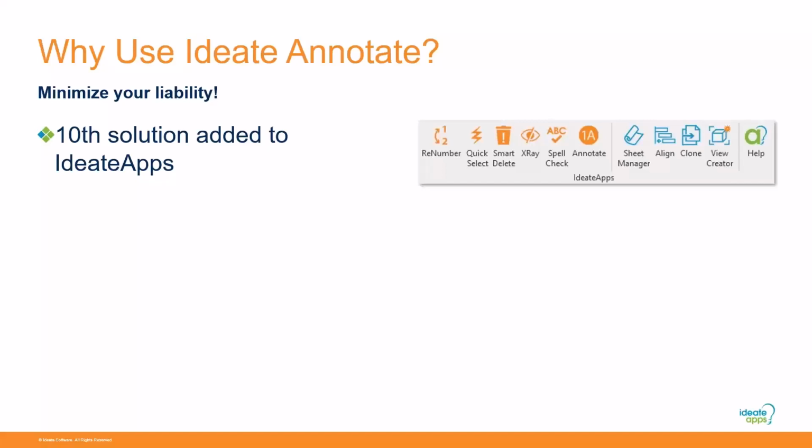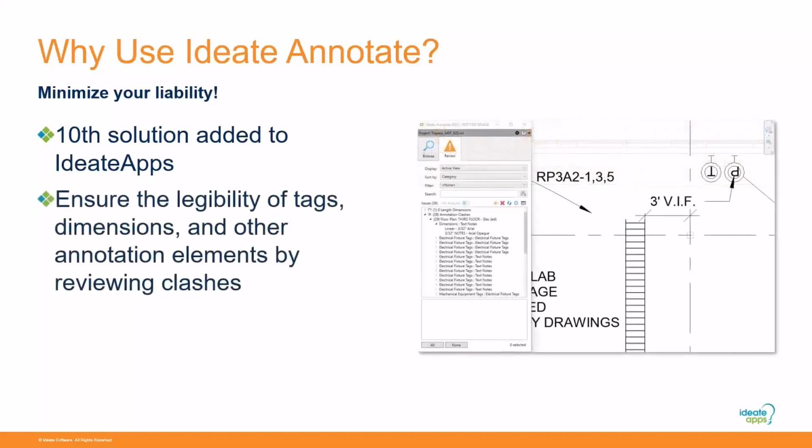So why should we use Annotate, and what is it? Well, as I said, it's our 10th solution that we've added to the Ideate Apps collection. And there are a number of reasons why you should use Annotate, but I think one of the highlights is that it allows you to ensure the legibility of tags, dimensions, and other 2D annotative elements by reviewing clashes, but it also allows you to understand basically what annotative elements you have in a particular sheet or particular view.